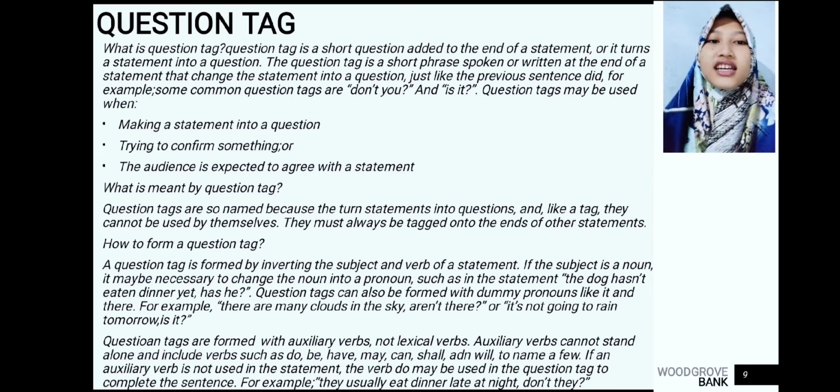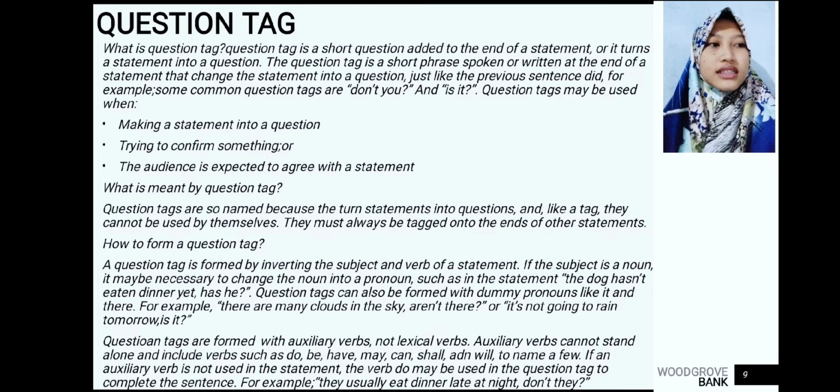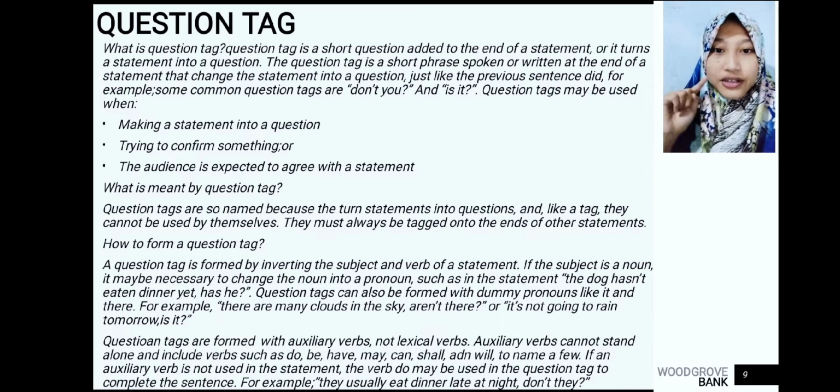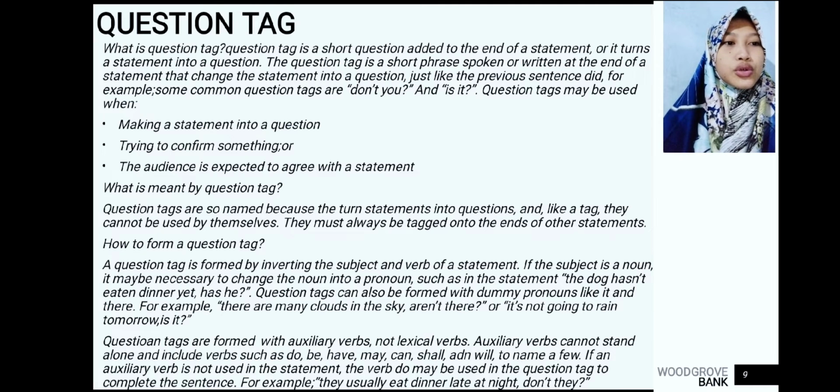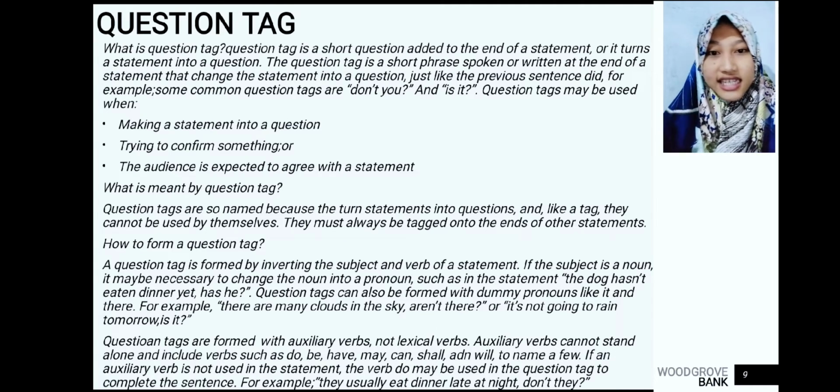Question tags can also be formed with dummy pronouns like it and there. For example, "There are many clouds in the sky, aren't there?" Or another example, "It's not going to rain tomorrow, is it?"